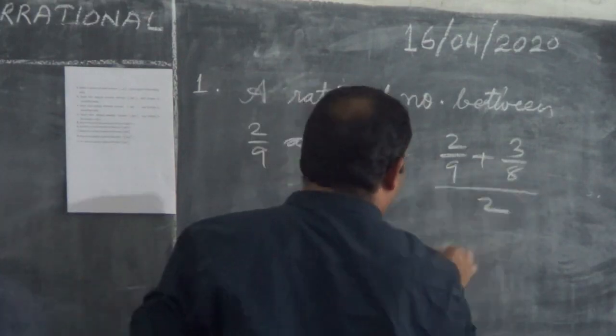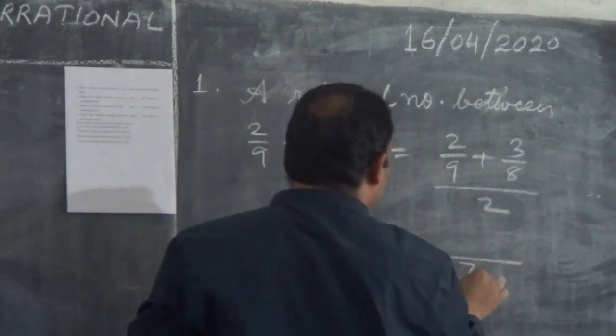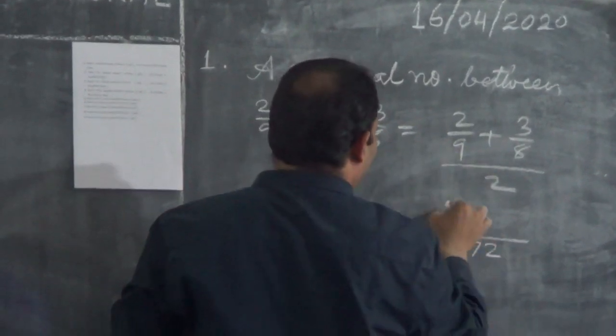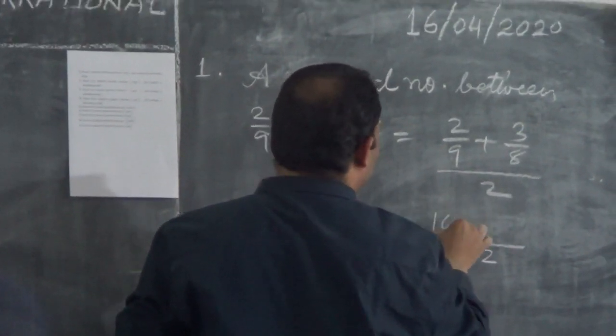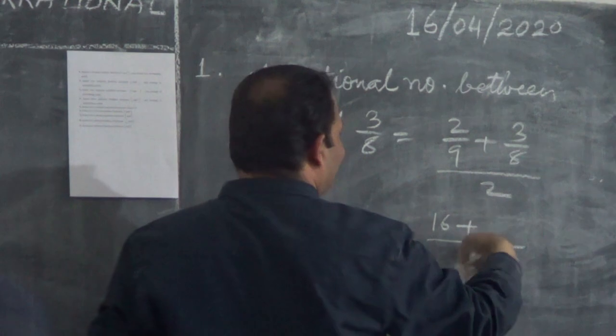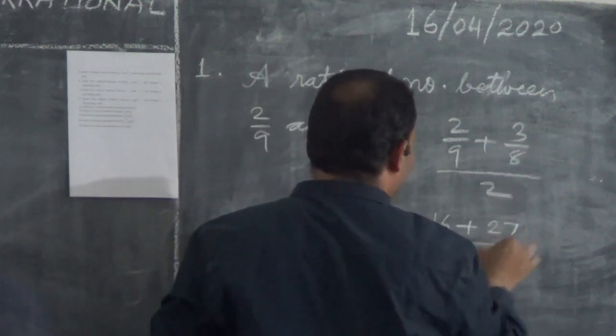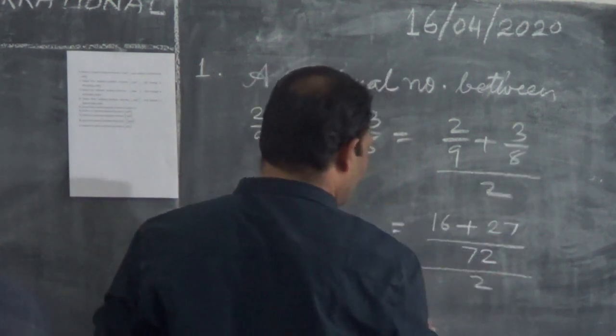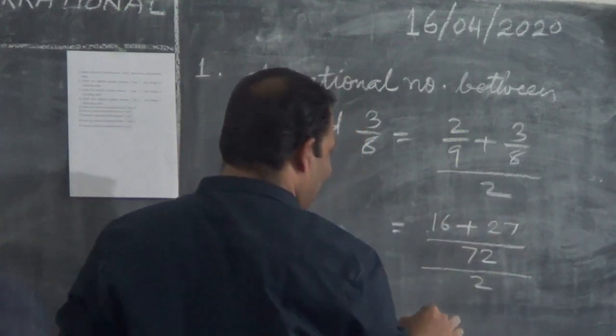So here 9 and 8 LCM is 72. 9 8s are 72, 8 into 2 is 16. 8 9s are 72, 9 into 3 is 27, divided by 2. 16 plus 27 is 43.